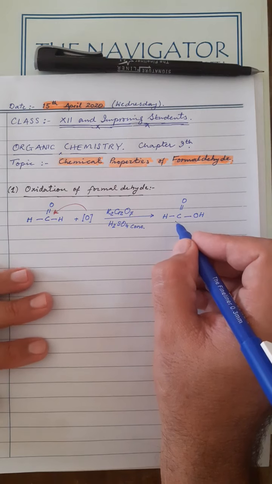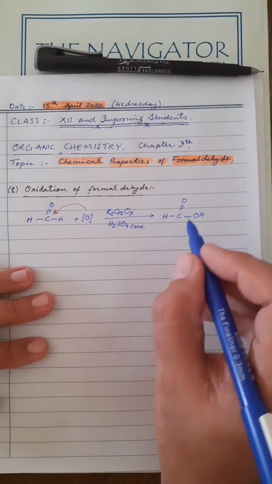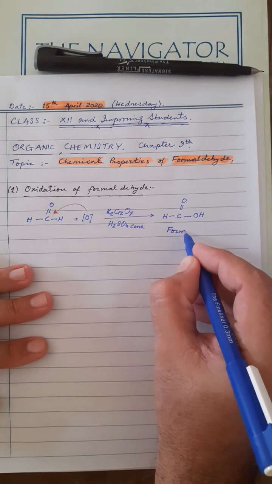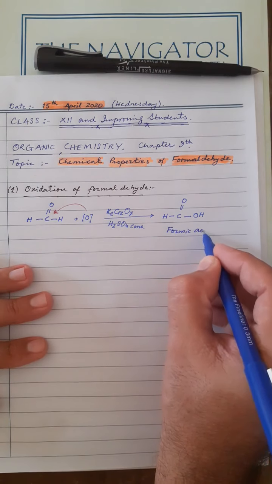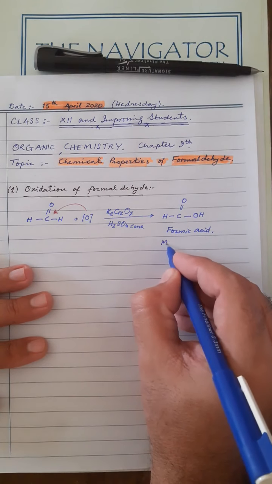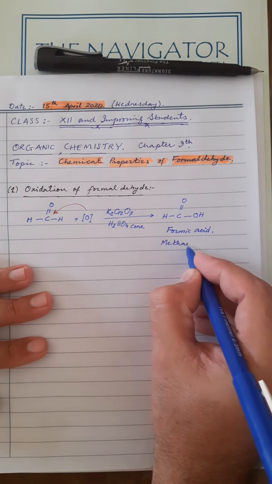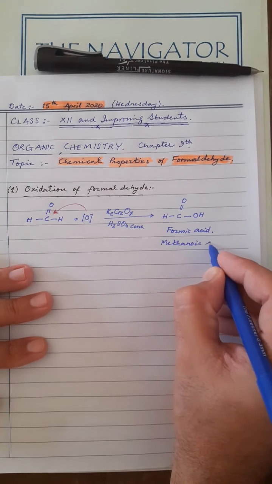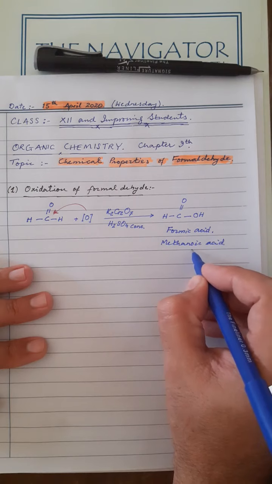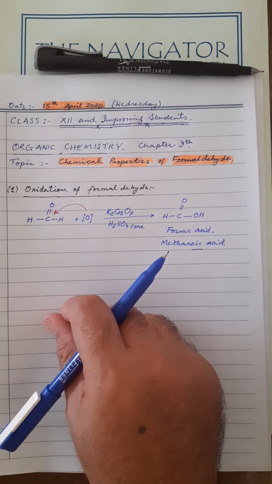With only one carbon, it is the first carboxylic acid we have been discussing already, it is called formic acid. And by the IUPAC rules, it's called methanoic acid, because carboxylic acids have the oic as their suffix.